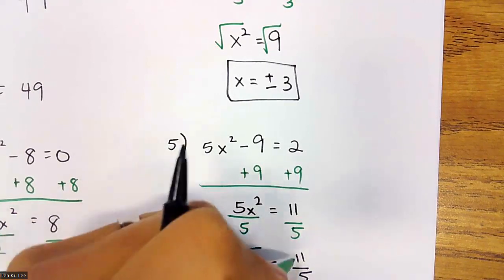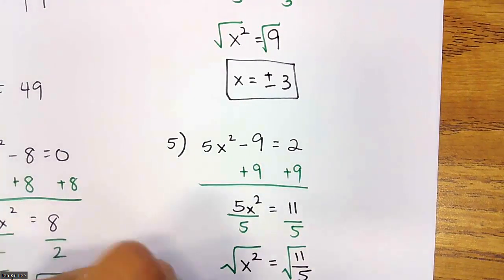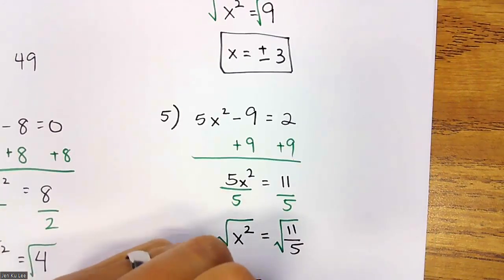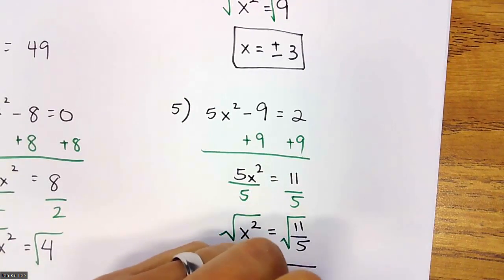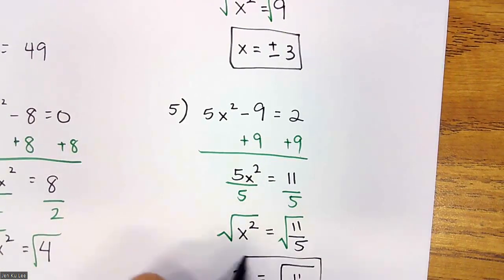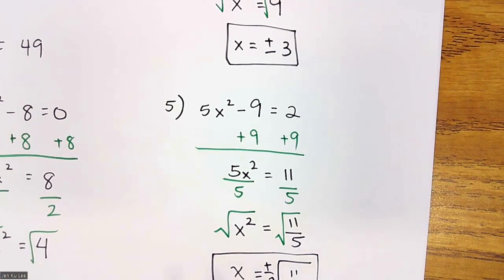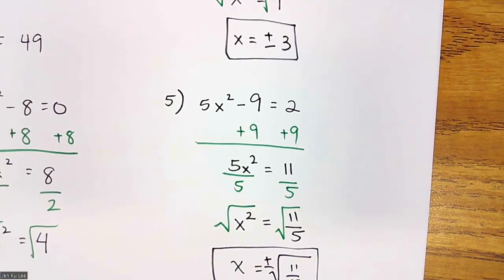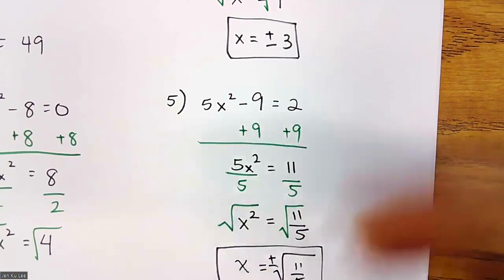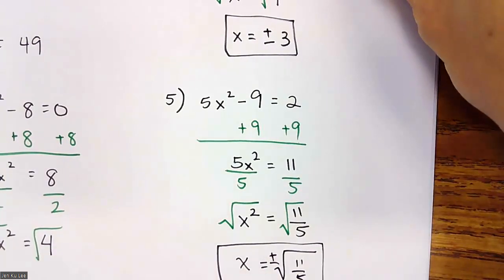And then I'm going to square root it. x equals the square root of 11/5. Don't forget the plus or minus. There is another step to it, but I'm not going to cover it. So this I will accept for now as your answer. All right, we're good.